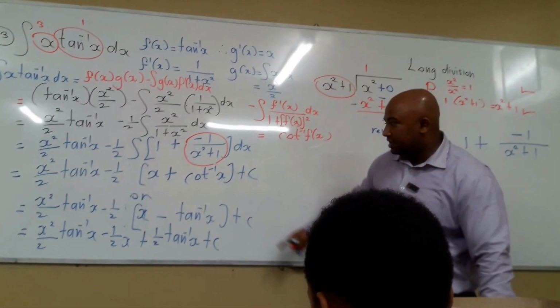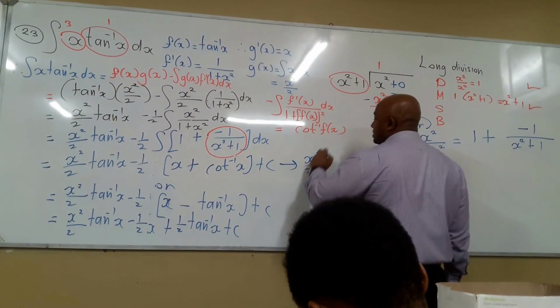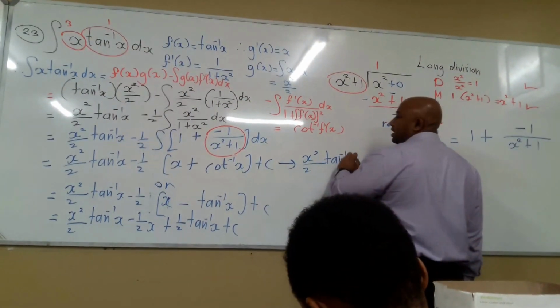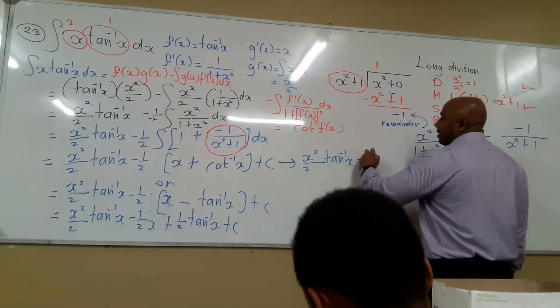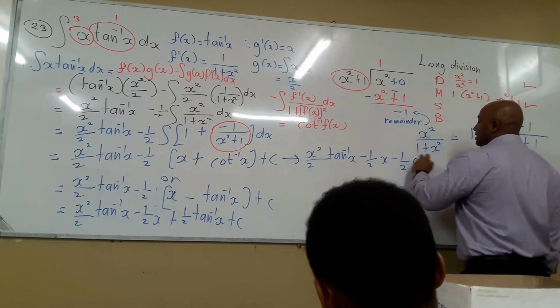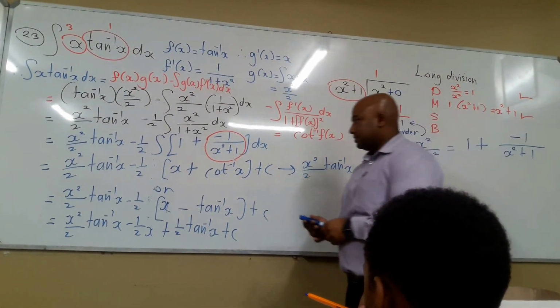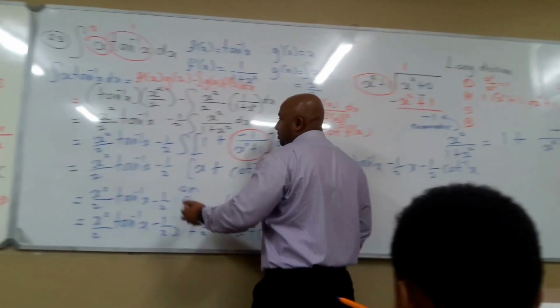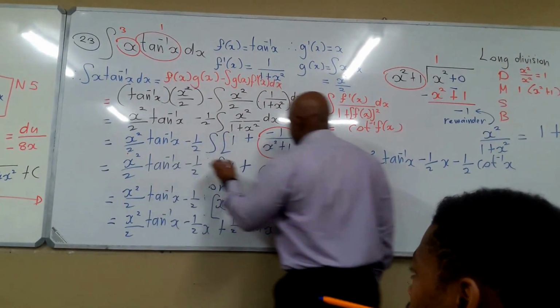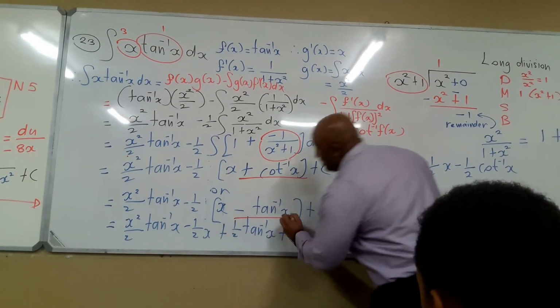If you are using this one here, that will be x squared over 2 inverse tan x minus half x minus half inverse cot of x. Okay, so remember there's 2 different versions here. We are looking at this and that.